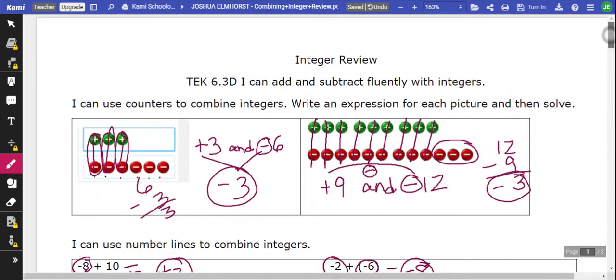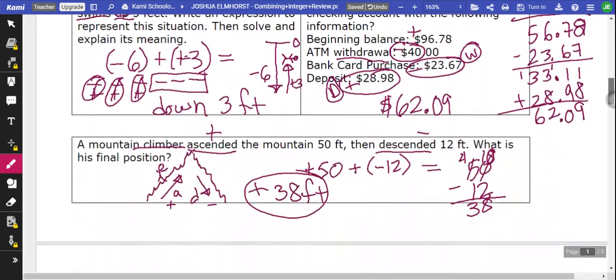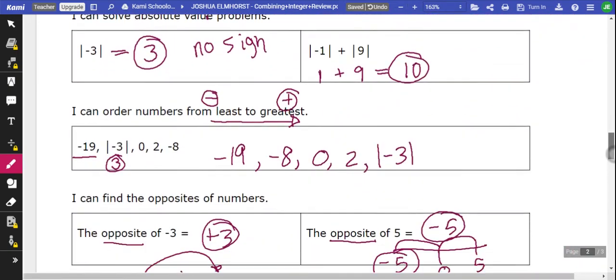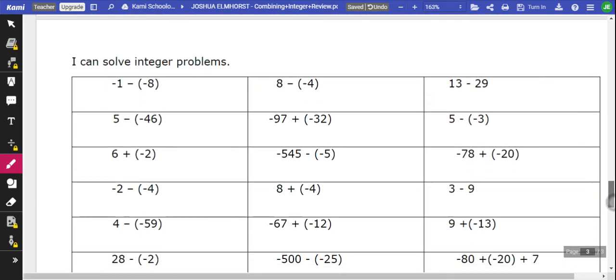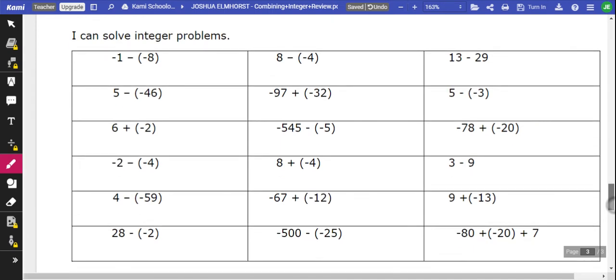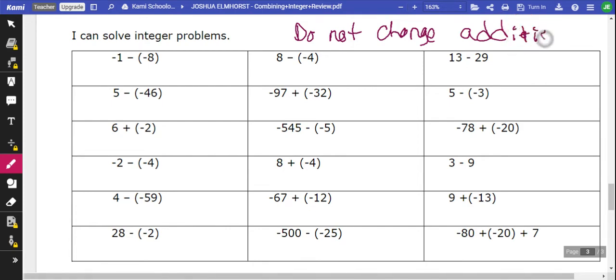Okay. All right, so we got this. So I can solve integer problems. So first thing we're going to do is do not change addition problems.